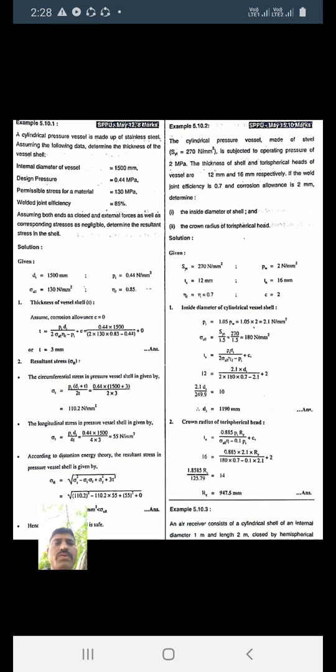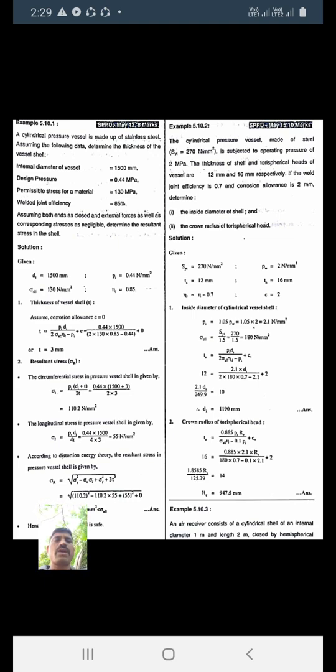Then the weld joint efficiency is 0.7, N is given, the efficiency is given as 0.7, and the corrosion allowance is 2 mm. In the last numerical we saw the corrosion allowance was not given, but in this numerical the corrosion allowance is given as 2 mm. So C is equal to 2 mm. This is the given data.